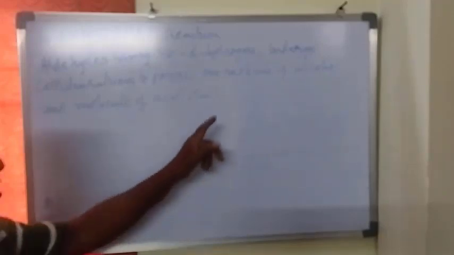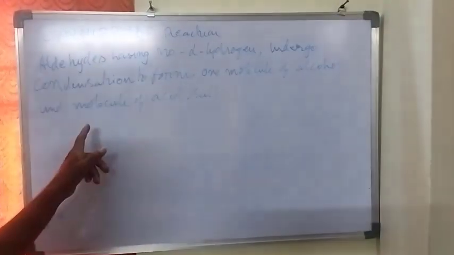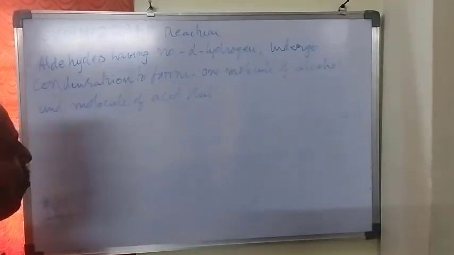So here what happens? One molecule undergoes reduction, one molecule undergoes oxidation. The molecule which undergoes reduction becomes alcohol, the molecule which undergoes oxidation becomes acid salt.